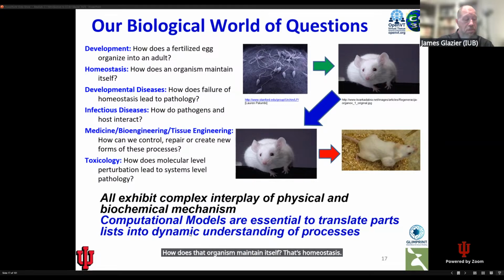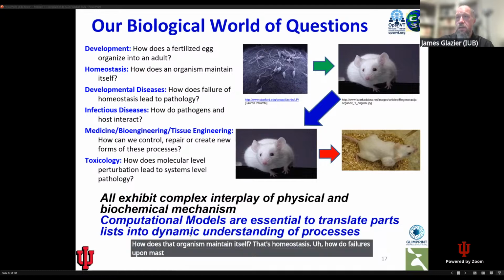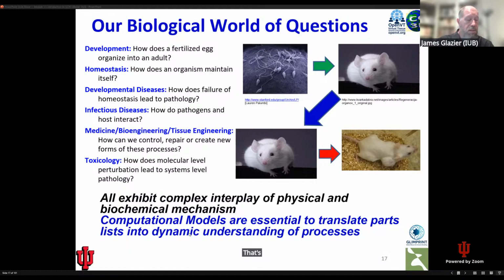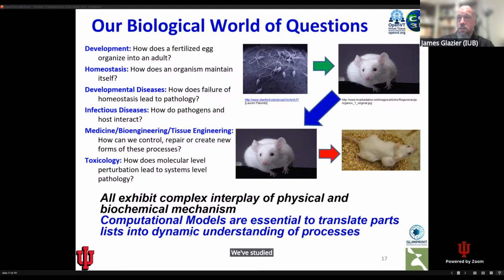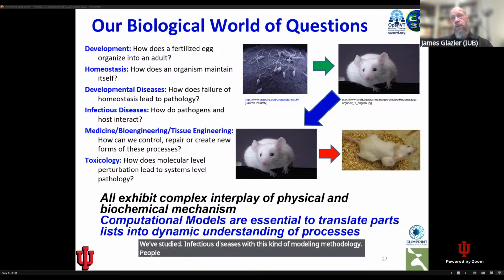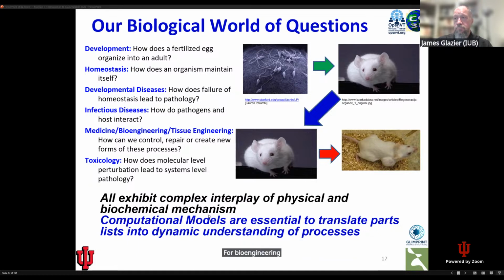How do failures of homeostasis lead to disease? That's called developmental diseases. The classic developmental disease would be cancer. We've studied infectious diseases with this kind of modeling methodology. People have used it to try to develop medical technologies for bioengineering and tissue engineering.